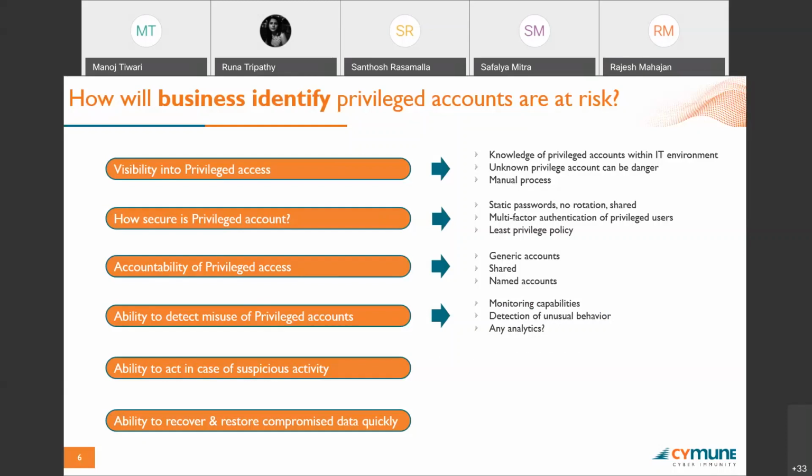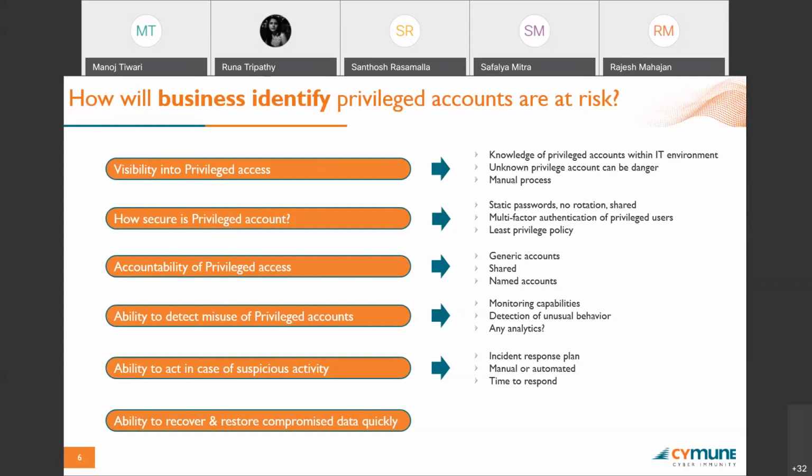And next you have to see how you act in case you have a suspicious activity going on in the system. Whether you have an incident response plan or a policy where once you know, you can really stop that activity, right? And most of the time we find that this response plan is not automated.